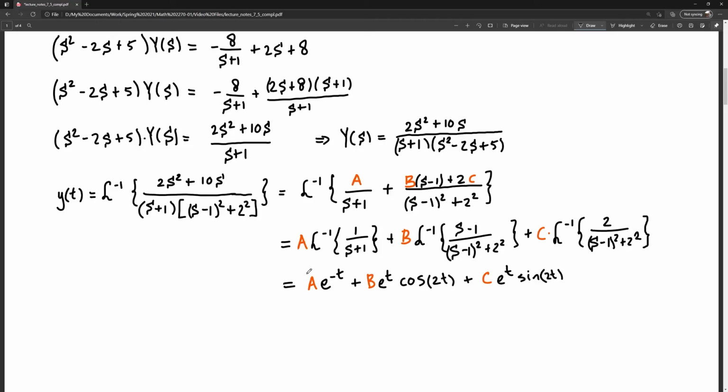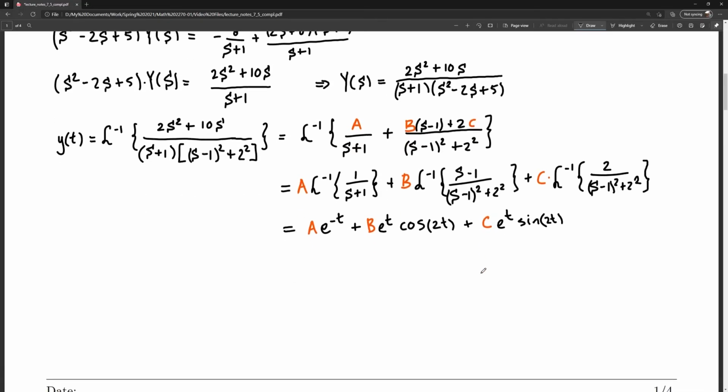And all that is left to do at this point is to figure out what A, B, and C are. What are these constants?